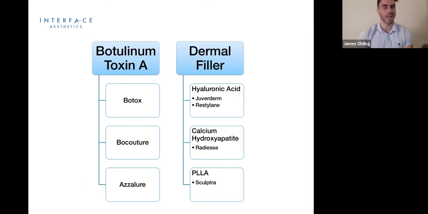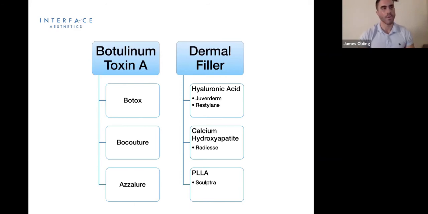Now, another important thing, again, not going into too much detail, but important to understand that with dermal filler, you can have two functions. They can be a volumizer, and they can also be a biostimulator. And often fillers have both functions to some degree, but usually a filler will have more of one function rather than the other.